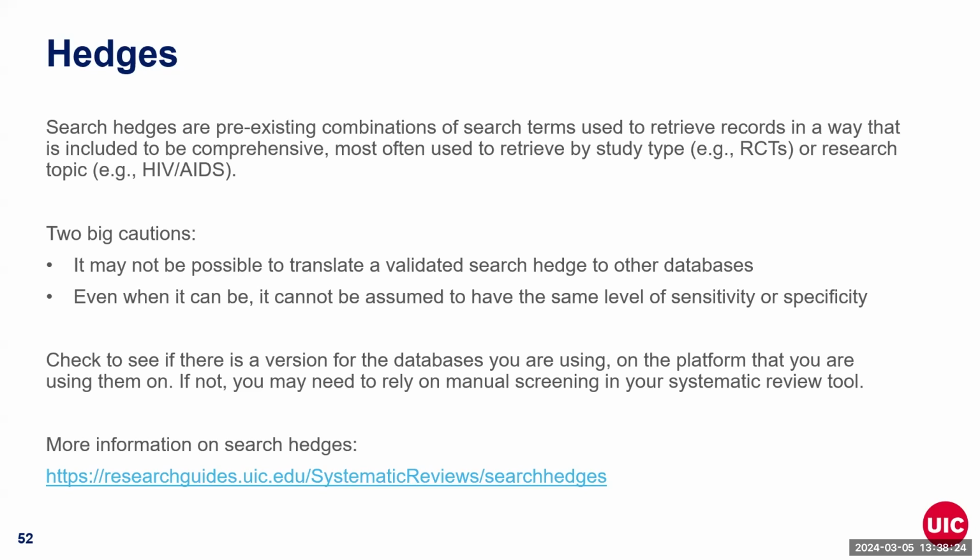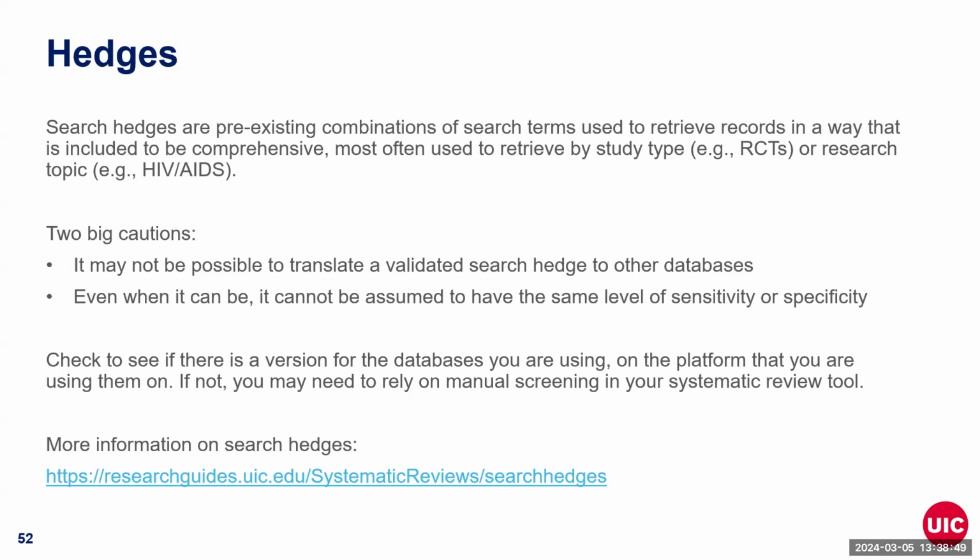But often they may rely on things like subject headings or publication types that exist in that one database, but may not be transferable to other ones. So it may not be possible to translate a validated search hedge to other databases at all, or even if it could be, it can't be assumed to have the same level of sensitivity or specificity. So you should proceed with a lot of caution there.